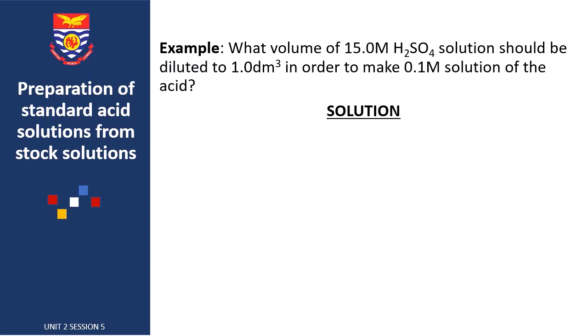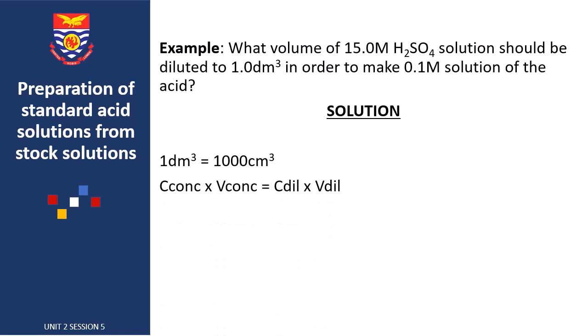So we have been given the concentration of a concentrated solution, that's our 15 molar, and then we have the volume that we are going to look for, which is not given. We have the final volume, which is 1000 cubic centimeters, and then the final concentration. Note that 1 cubic decimeter is equivalent to 1000 cubic centimeters.